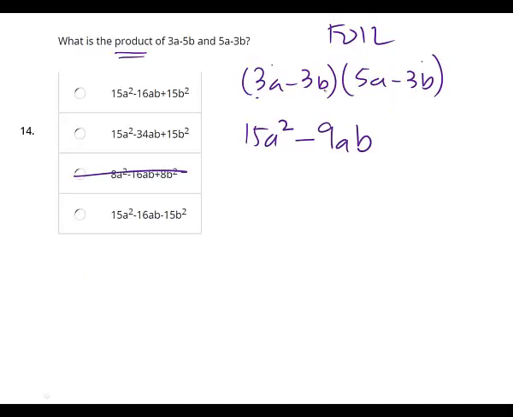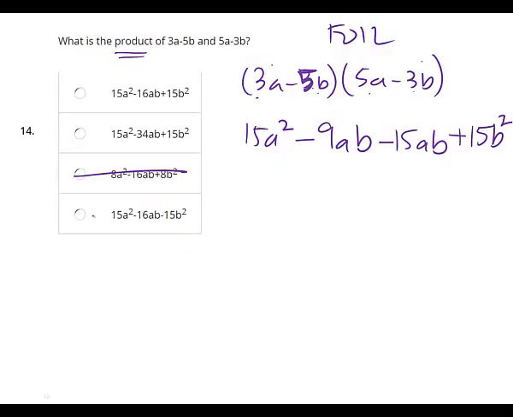Negative 9ab. Good. In the middle, negative 3b times 5a is? Negative 15. What goes after it? ab. Then our lasts. Negative 3b times negative 3b is what? Positive 15. What happened? I wrote down something wrong, didn't I? This should be a 5, not a 3. Okay, negative 5b times negative 3b is? Positive 15b squared. So looking at all of my ends, they're all the same.